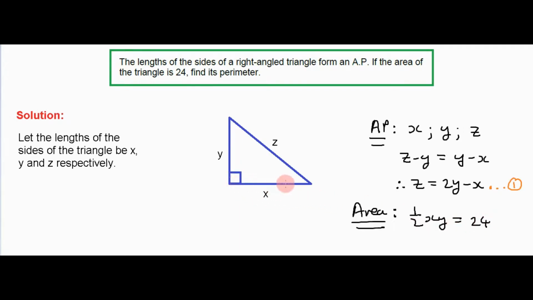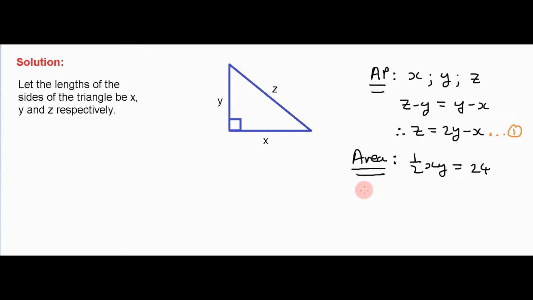In other words, a half base times height. We can multiply through by 2. And here we can make y the subject of the formula. This we can call equation 2.